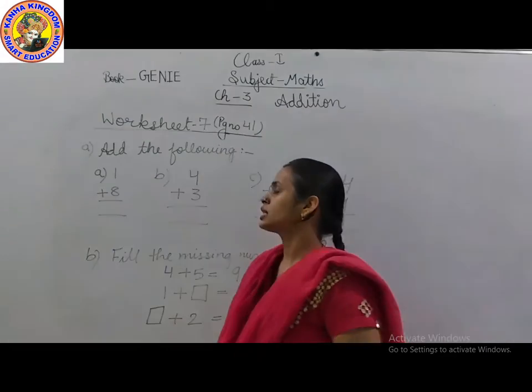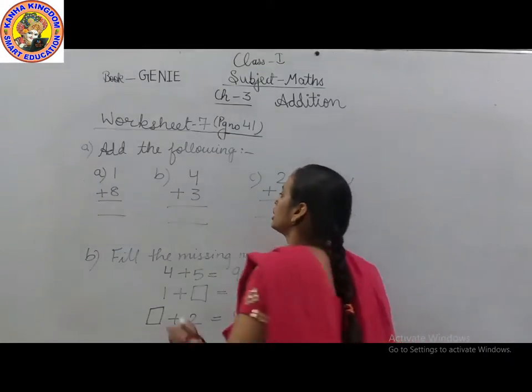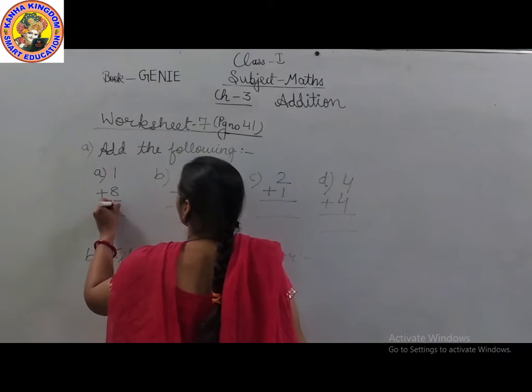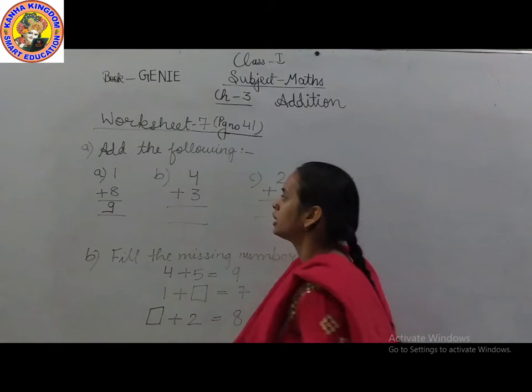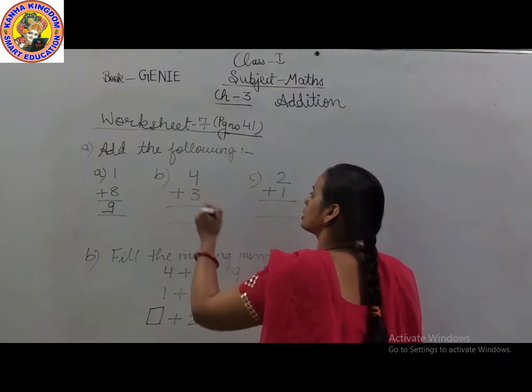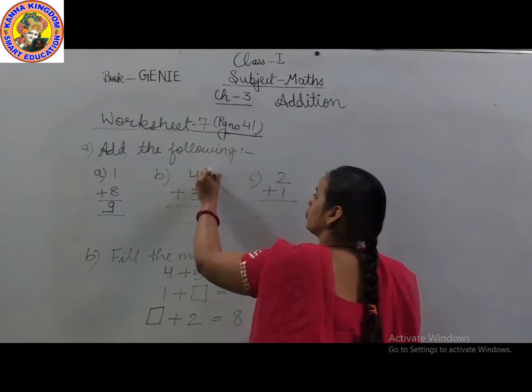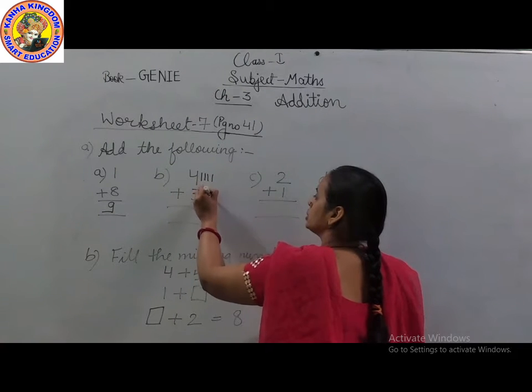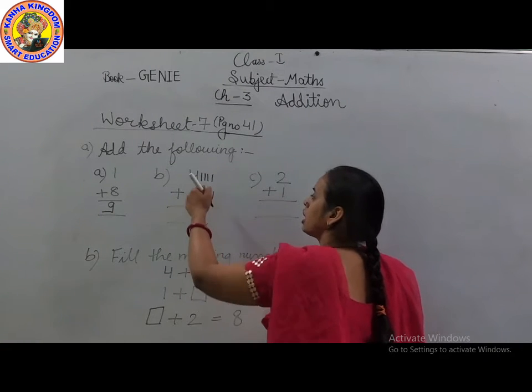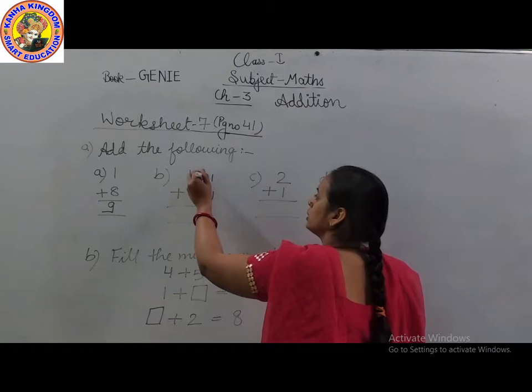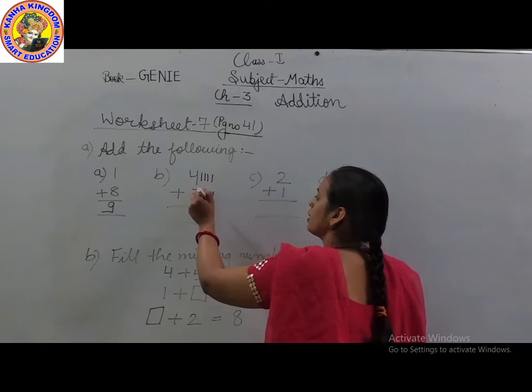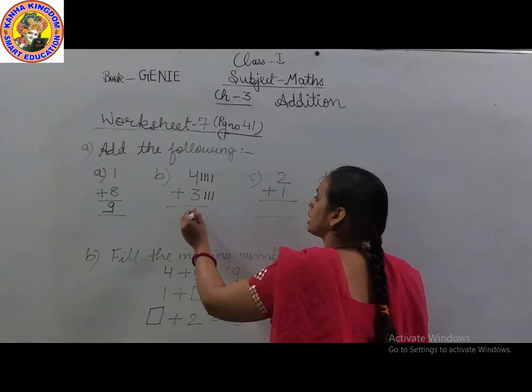So 1 plus 8 equals to 9. Now 4 plus 3. So 1, 2, 3, 4. 1, 2, 3. Count all. 1, 2, 3, 4, 5, 6, 7.